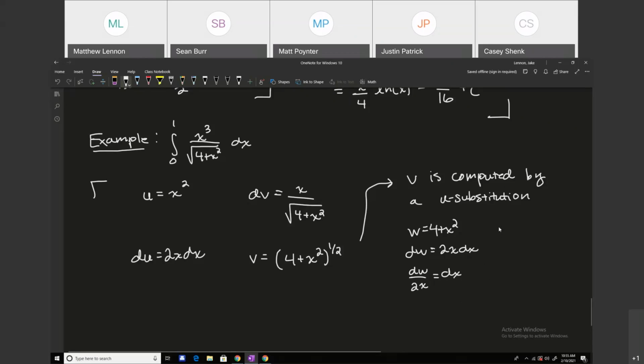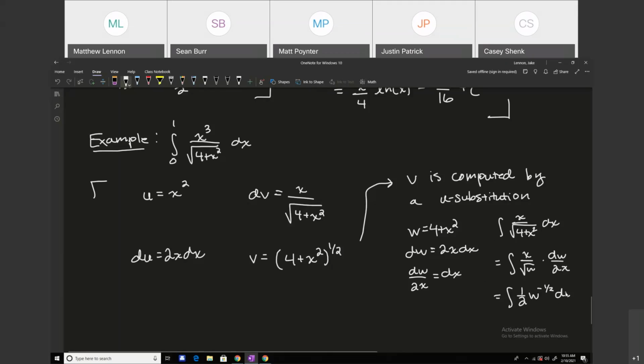So your integral of x over the square root of 4 plus x squared dx becomes the integral of x over the square root of w times dw over 2x. Your x's cancel out, so really this is the integral of 1/2 times w to the negative 1/2 power.